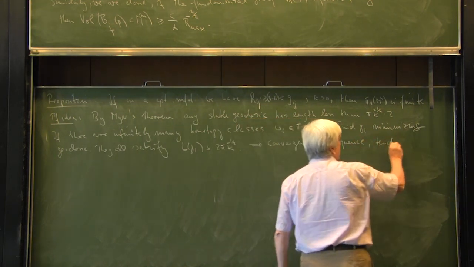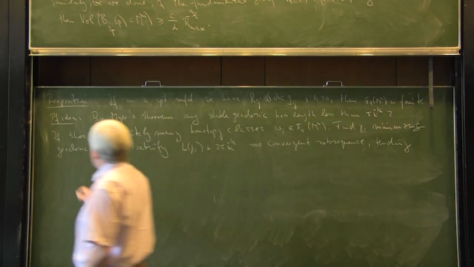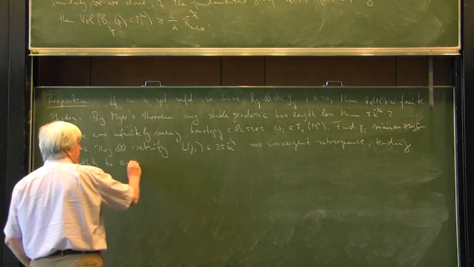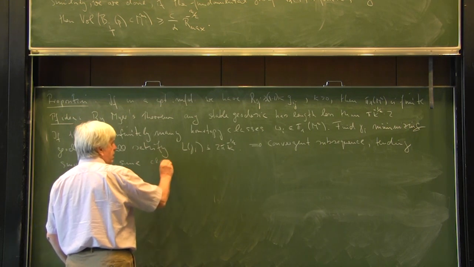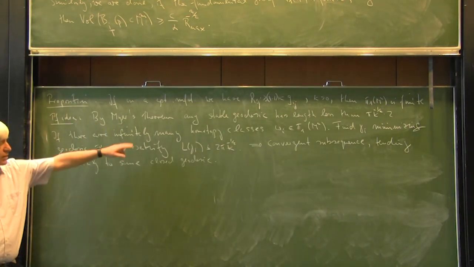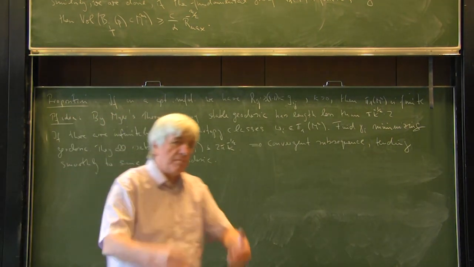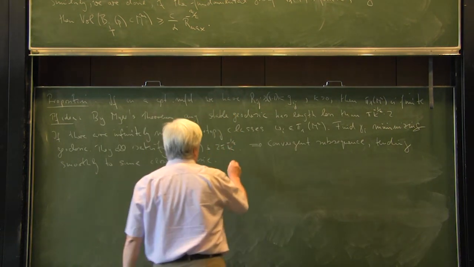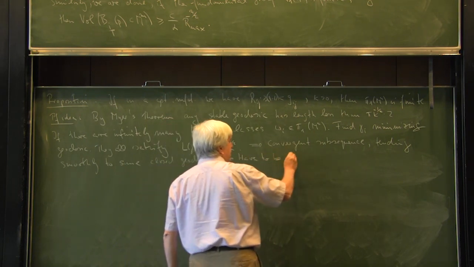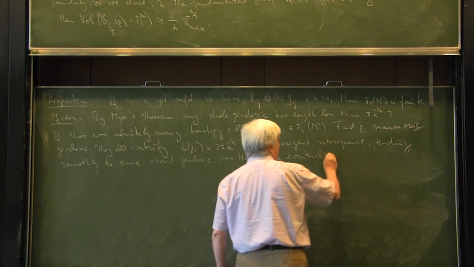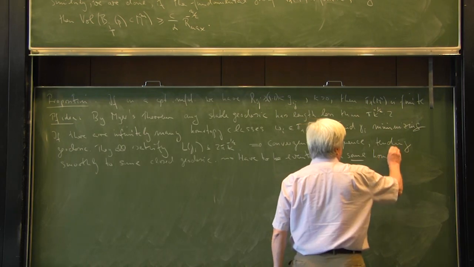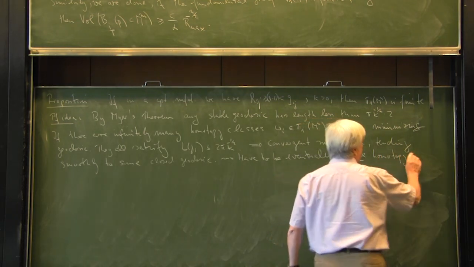It can be smoothly converged to some closed geodesic again. But because of this smooth convergence, they all have to be eventually in the same homotopy class.